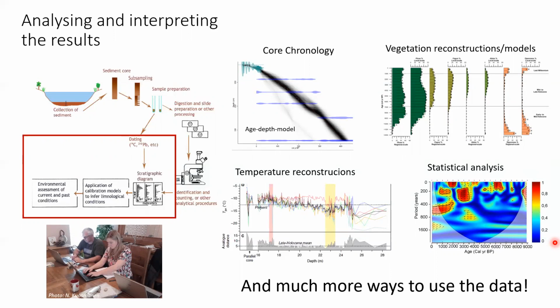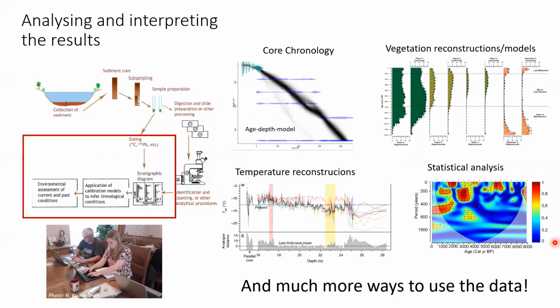The next topic that you will have, and the first actual topic in this course, is about core chronology and dating methods, and Jon will give you an introduction to this topic, because this is very important to know in paleoenvironmental research.